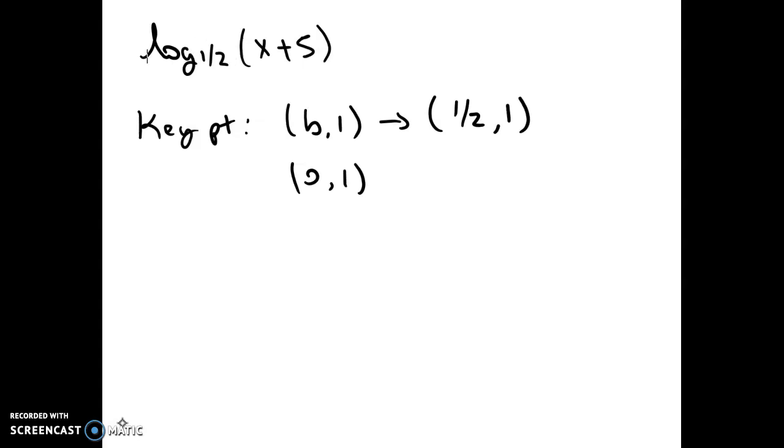Now, this function has moved to the left by 5 units. Notice that we have a plus 5 within the parentheses, so it's affecting the x values. So we've moved to the left by 5 units.